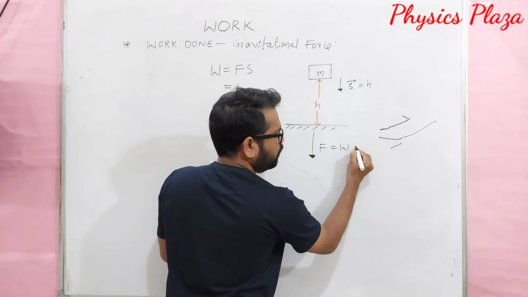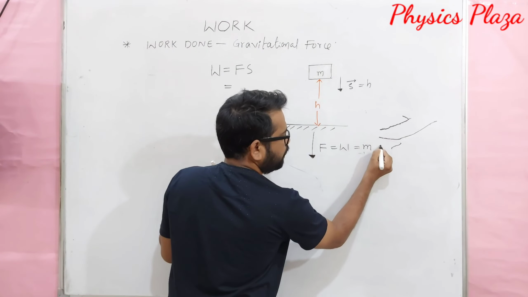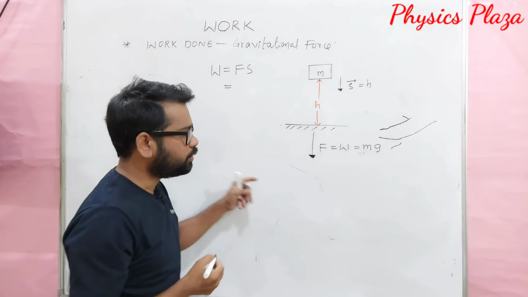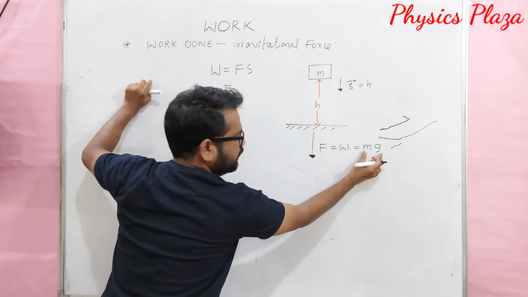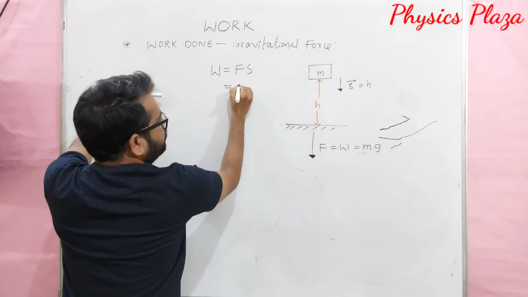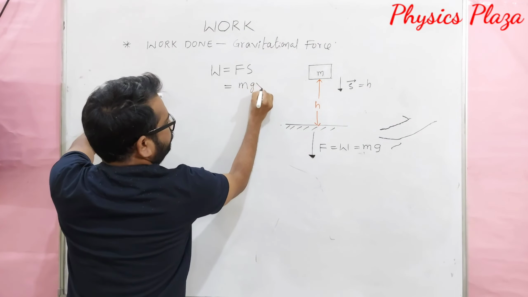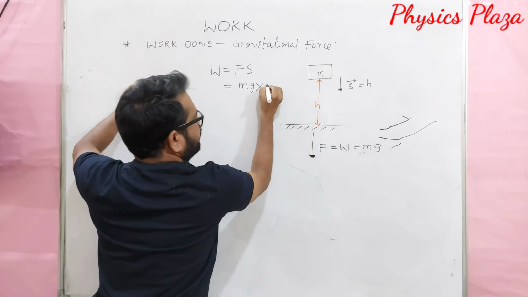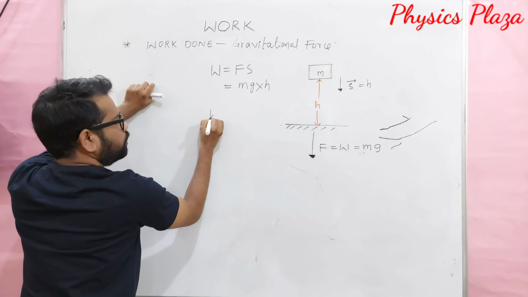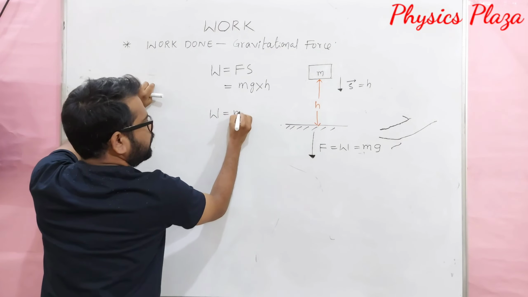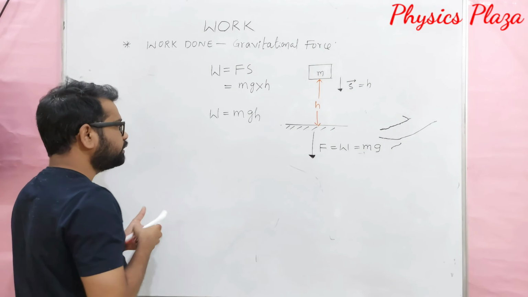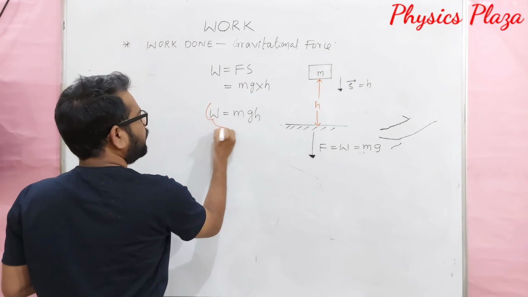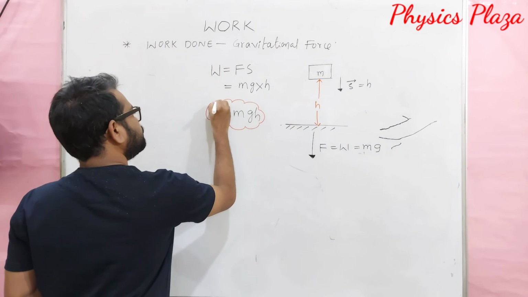We know that weight is the mass into acceleration due to gravity. So here in the place of F, what can we add directly? We can add mg. So here mg into s, which is h. So finally we got W is equal to mgh. So children, this is the work done by the gravitational force.